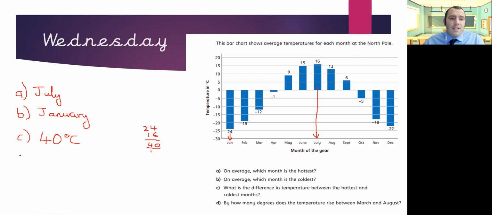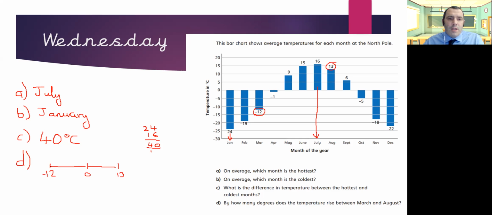So question D is exactly the same. How many degrees does the temperature rise between March and August? So I've got minus 12 here for March. Need to find August, and that's 13 degrees. So we've got exactly the same method of working it out. Minus 12, we've got 0 in the middle, and then we've got 13 degrees at the end.